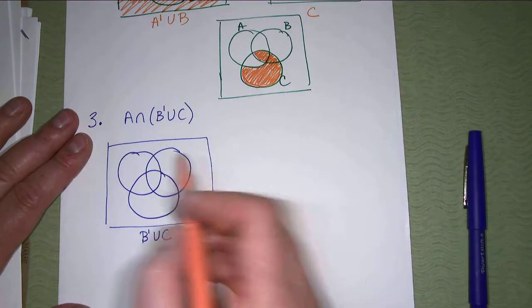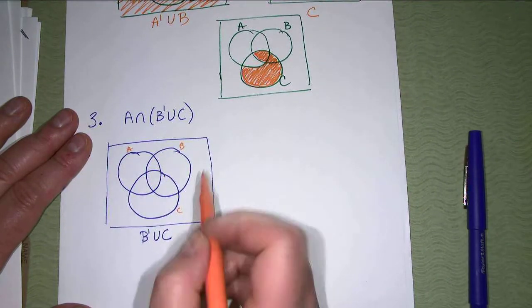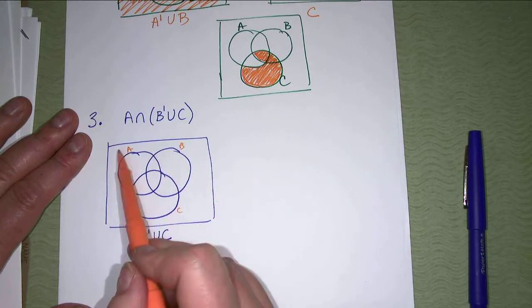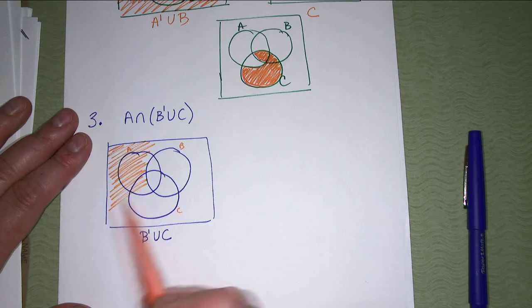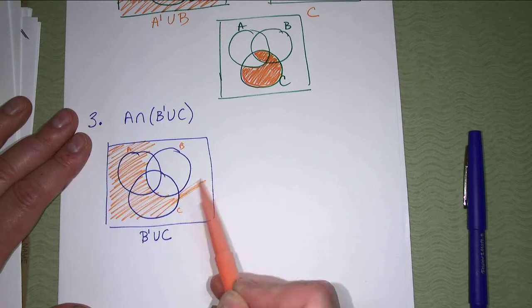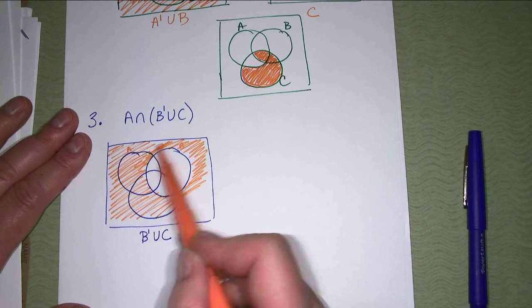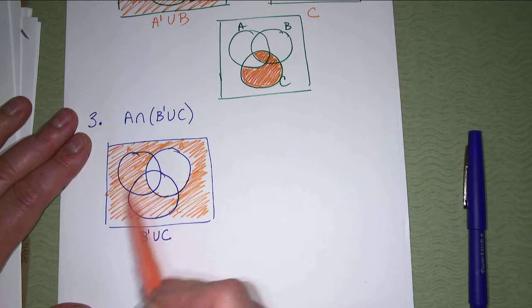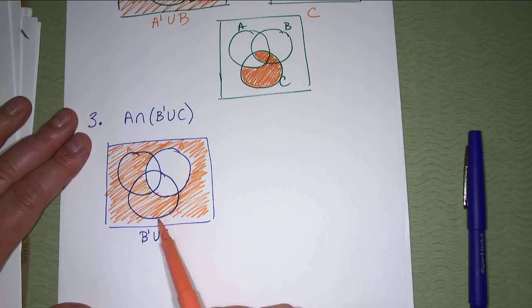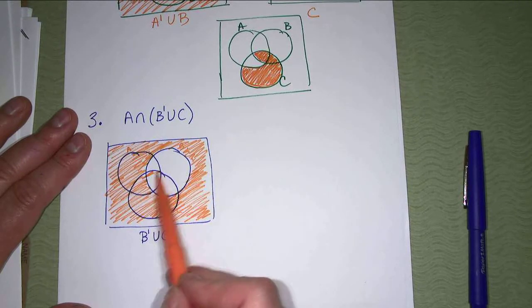So all of B prime, this is A, B, so not in B. Union C, so all of C colored in.